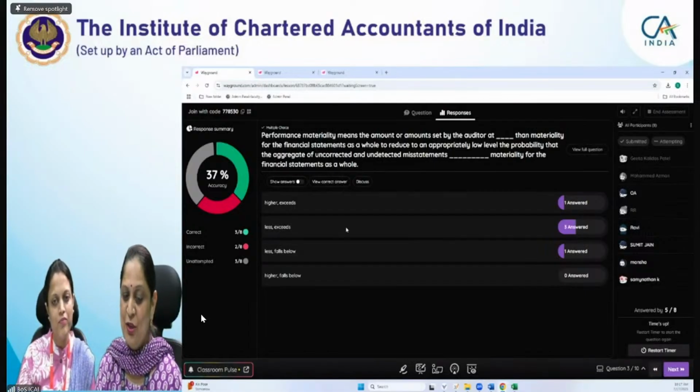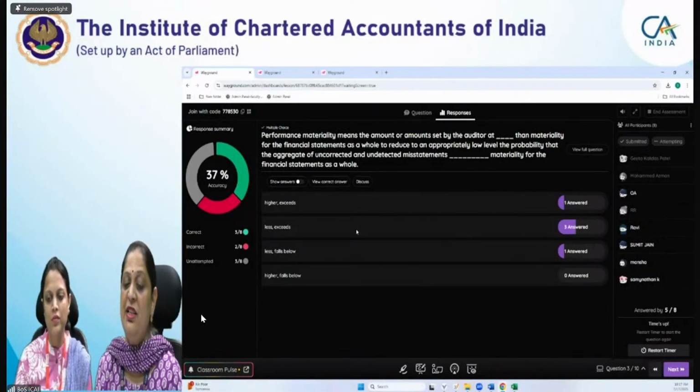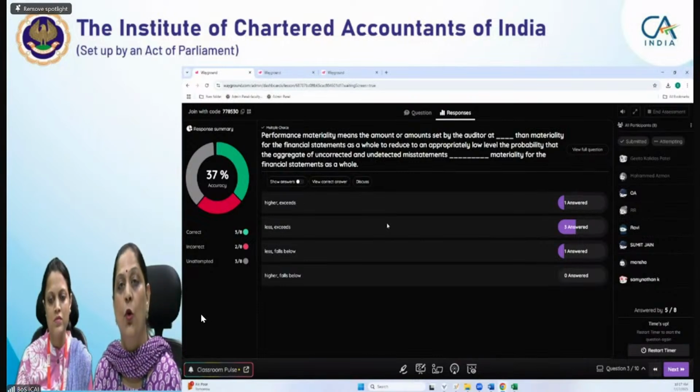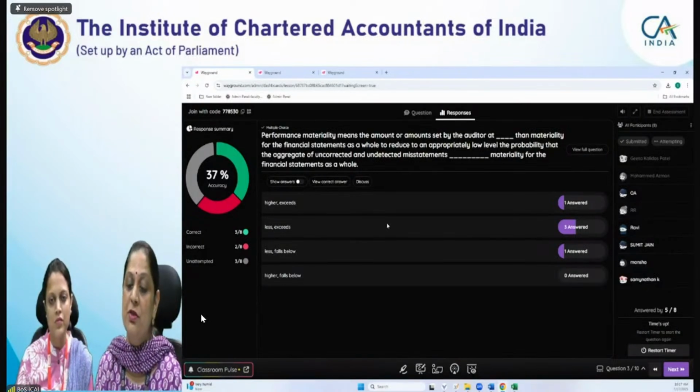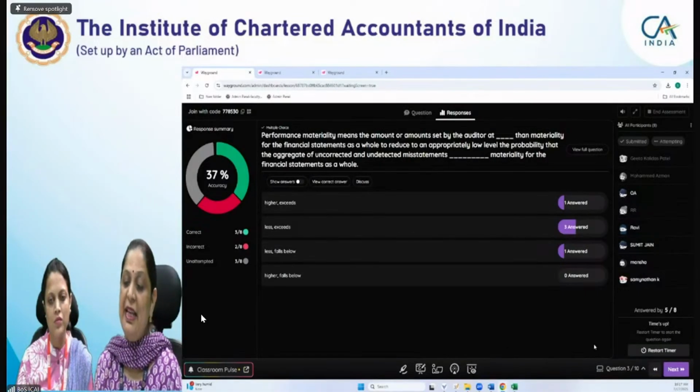The answer is less, and exceeds. Performance materiality means the amount or amounts set by the auditor at less than materiality for the financial statements as a whole, or to reduce to an appropriately low level the probability that the aggregate of uncorrected and undetected misstatements exceeds materiality.